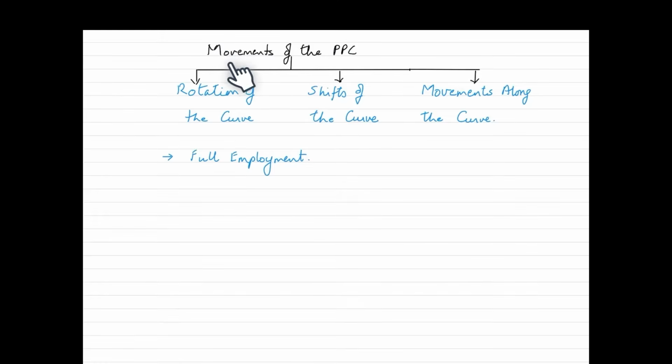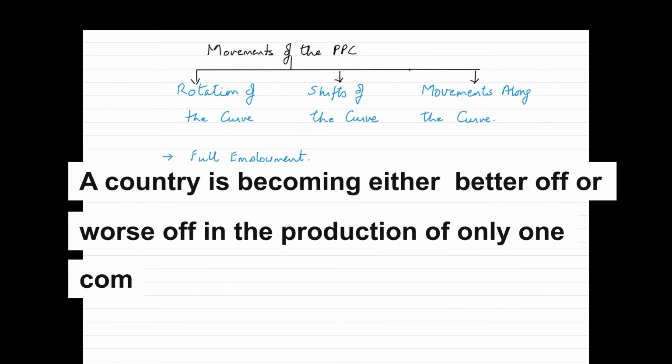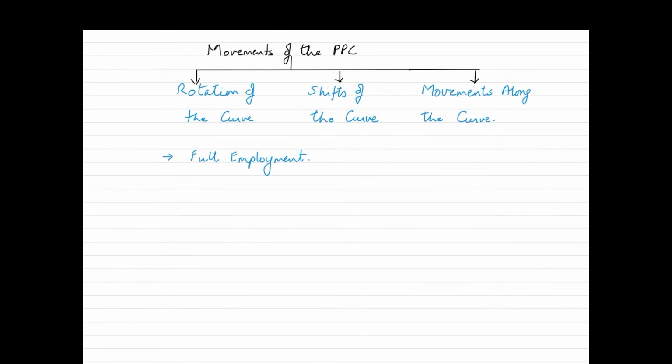Now when we talk about movements of the PPC curve, we see that there are three types of movements. One is the rotation, one is the shift, and the last one is the movement along the curve. When we talk about rotation or rotating shift of the curve, we need to understand that there is only one commodity that the country is either becoming better or worse at producing.